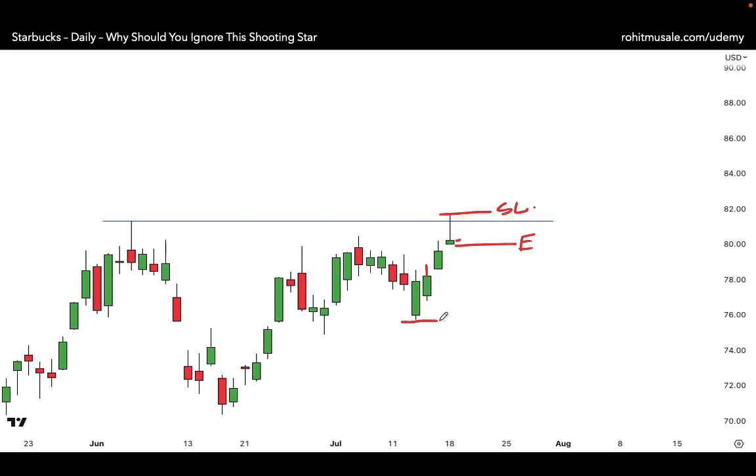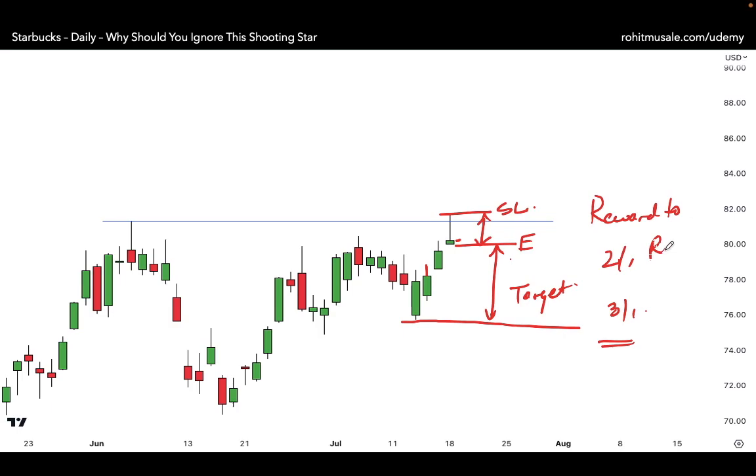And then there is support here. So that's the risk and that's your target. So if you look at this, I think this is a 2:1 or 3:1 reward to risk ratio, right? So that was a good trade, a decent trade, but because of that trap, we did not enter that trade.